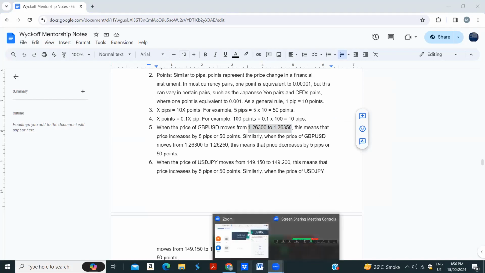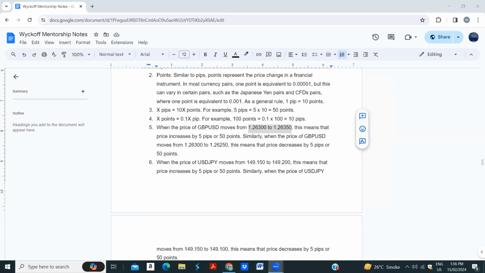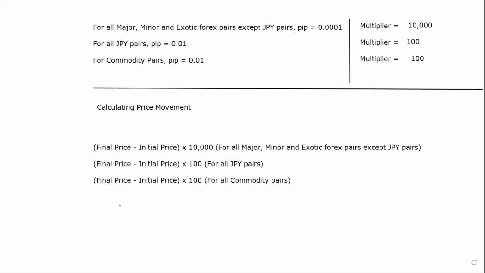So I'm gonna move back to the whiteboard, and I'm gonna enter the price. This is the price of GBP USD.